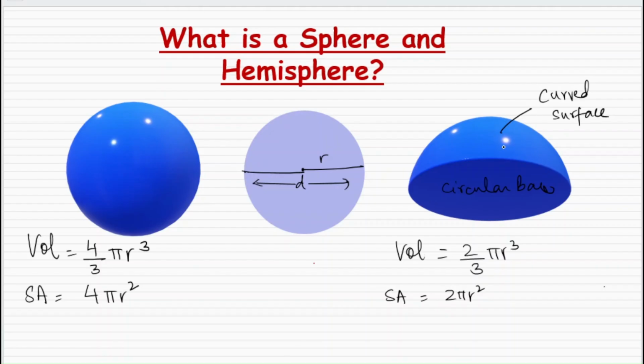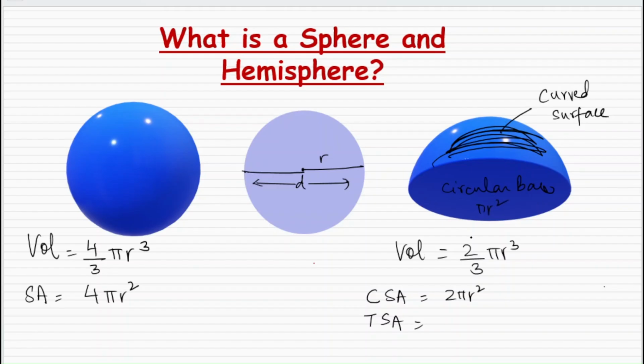But I just told you that a hemisphere has two types of surface. One is this round circular base and one is this curved surface. So this 4 pi r square is basically the curved surface area or the total surface area. It is both in the sphere, but in the hemisphere this is just the curved surface area. This curved surface area is 2 pi r square. But when I'm talking of total surface area, because this is made of curved surface and the circular base as well, the area of the circle is pi r square.